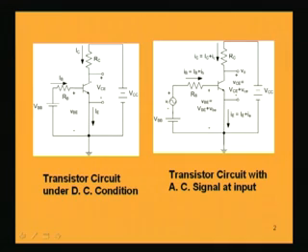Now if we consider application of an AC signal at the input, suppose we have an AC signal VI along with the biasing voltage VBB applied at the input, our purpose is to amplify this weak signal faithfully.